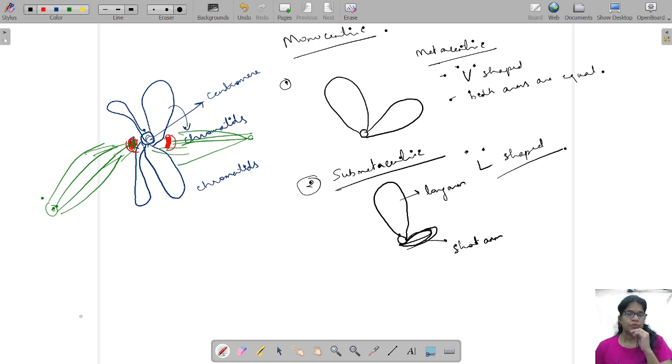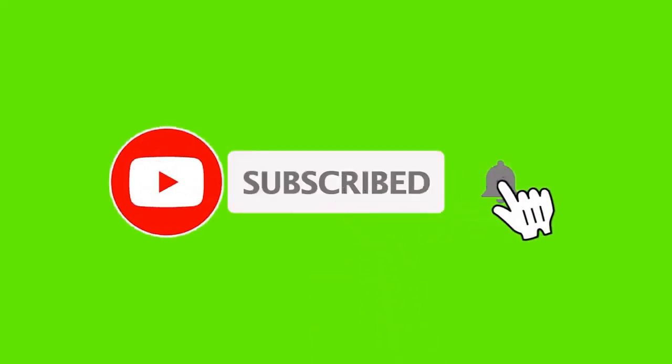Okay, next, going further, acrocentric. This acrocentric is a chromosome where the centromere is present near one end. This arm is the shortest and this is the longest.